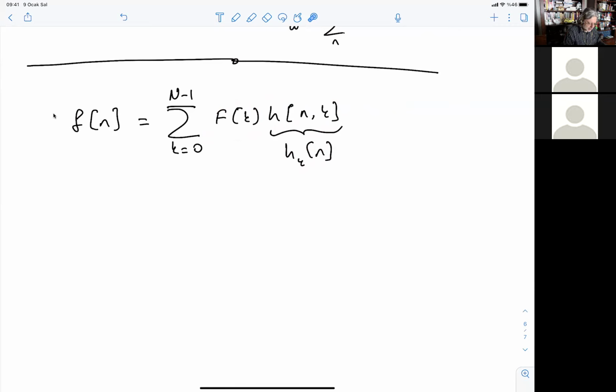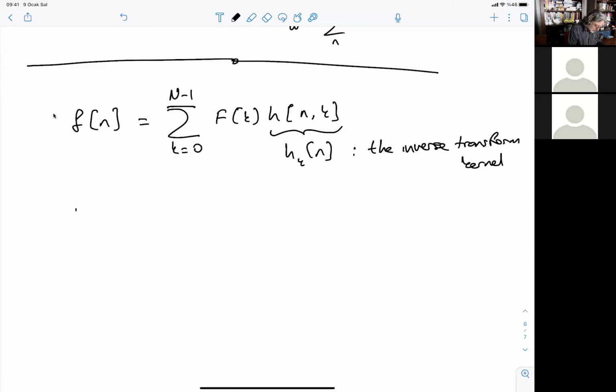So this is my representation, and this thing is called the inverse transform kernel. That's a name given to it, but it's essentially the new basis signals that I'm using.